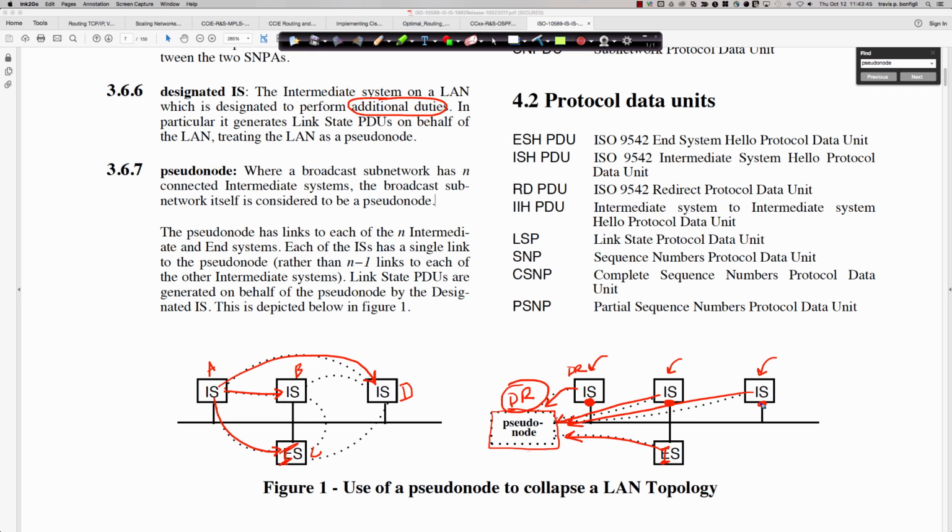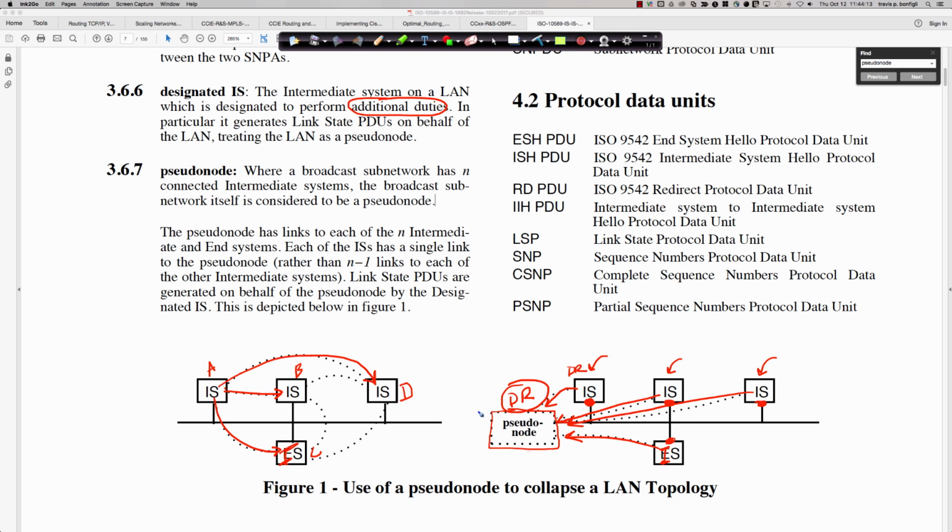That is what it is, depending on the speed of the link. The pseudonode is also not a hop. You don't have to go through the pseudonode. The pseudonode is here to provide information reduction. And I'm going to talk about the abstraction part as well. But it reduces the amount of information that's required to be flooded on a multi-access segment.